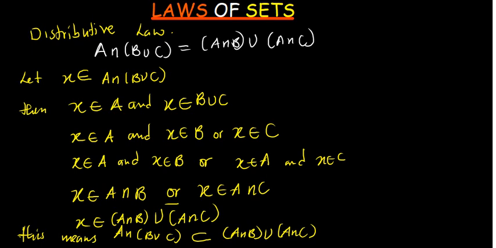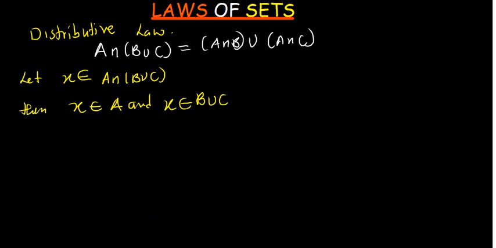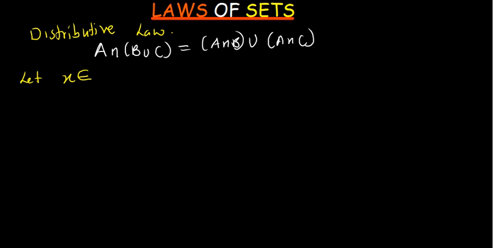Okay. Now we've shown that the left hand side is a subset of the right hand side, and then we need to do the same thing conversely, or in the same way.